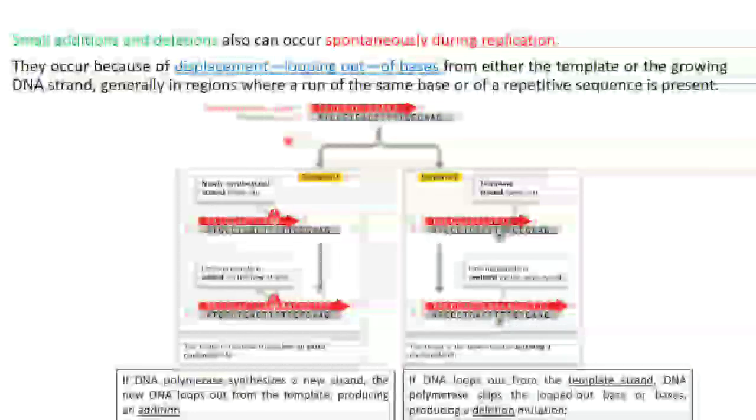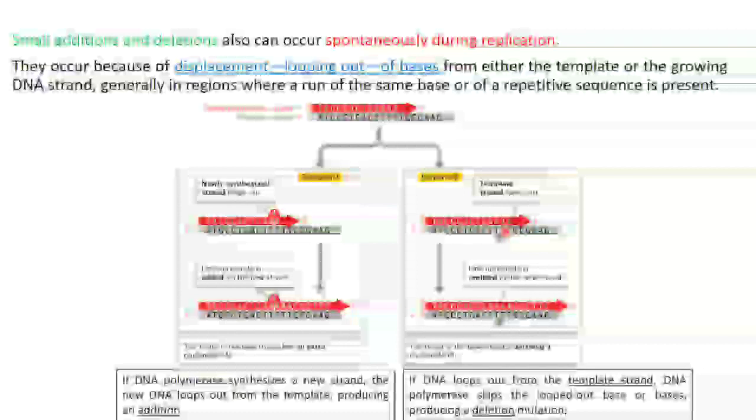So guys, I want you to look at the figure and follow with me, please. This sequence in gray represents the template strand, meaning the one being read by the DNA polymerase in order to produce, in red, the newly synthesized DNA strand. I will start with scenario 2. Let's consider that spontaneously the DNA template will loop out.